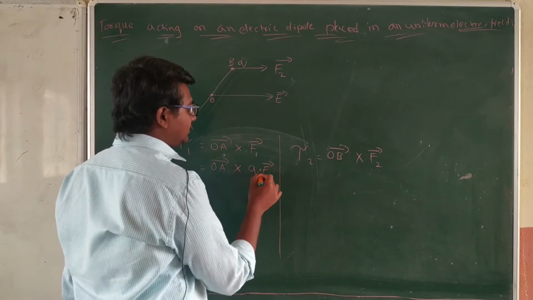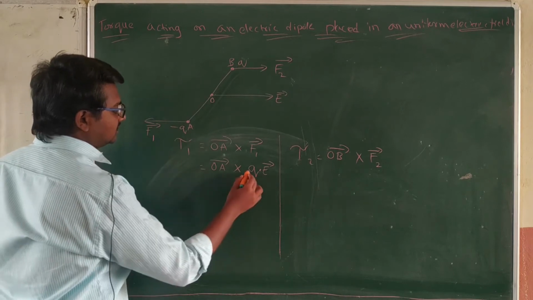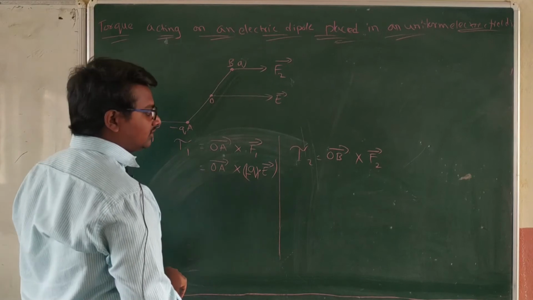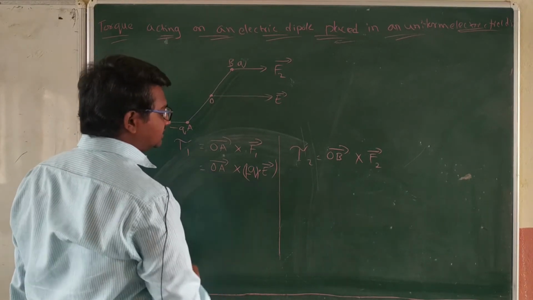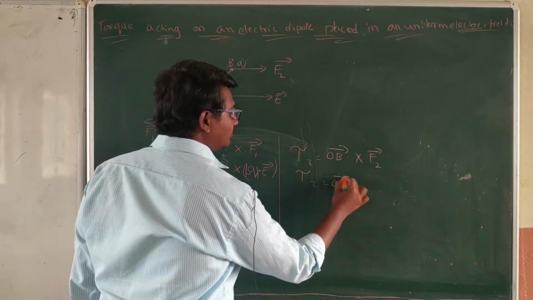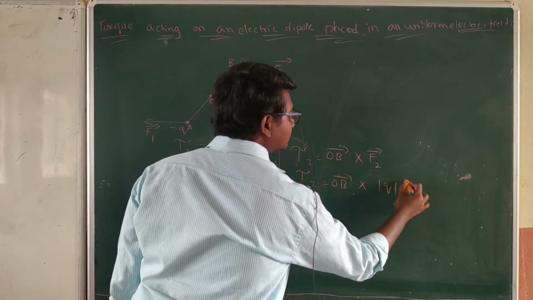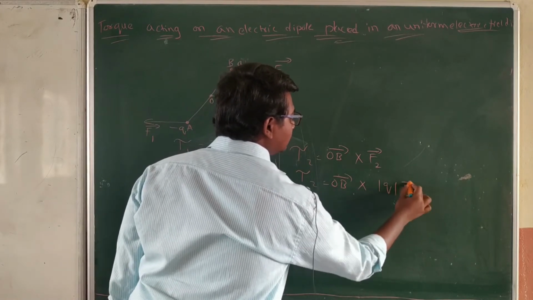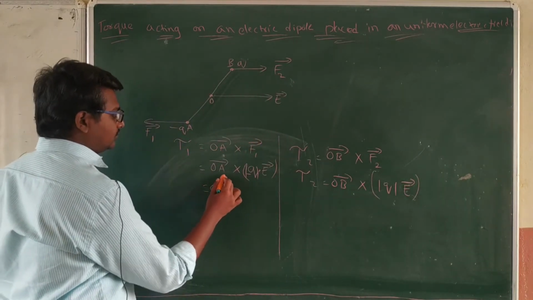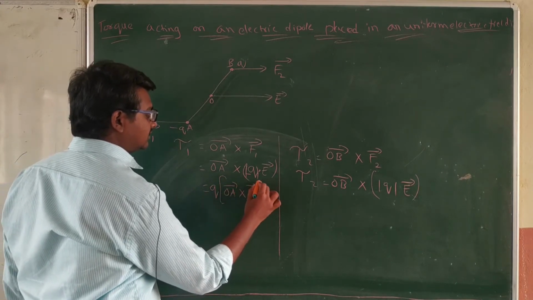Electric field E into Q. What is Q here? The negatively charged one. That's why we can keep a minus sign here, and we have to consider the mod. If we consider the mod, the minus sign is negligible. So torque tau 1 is Q into OA bar cross E bar.